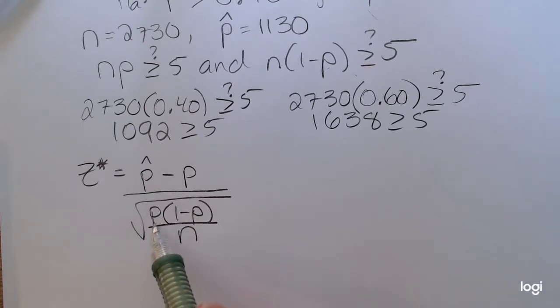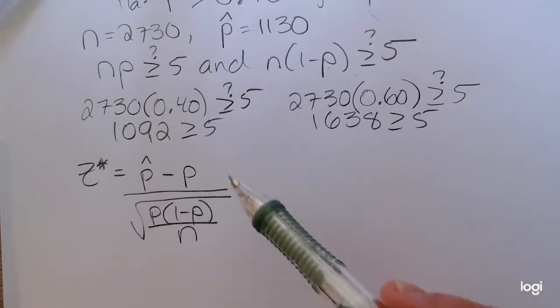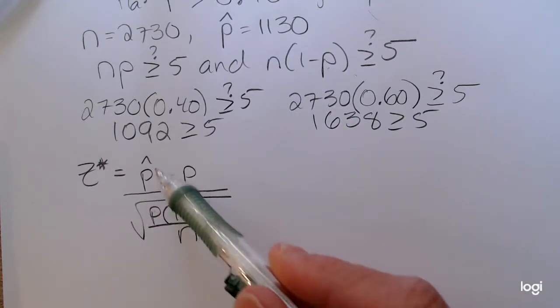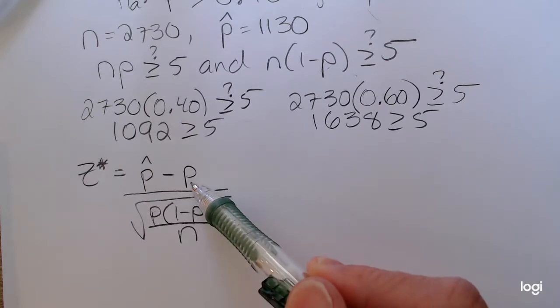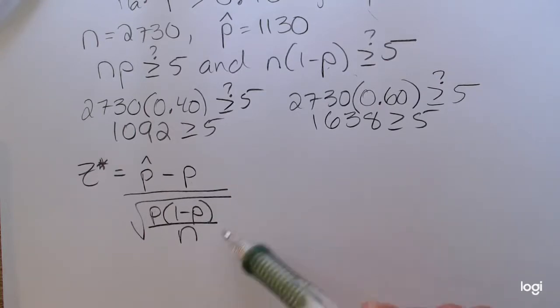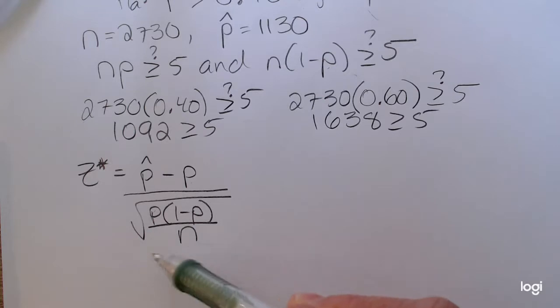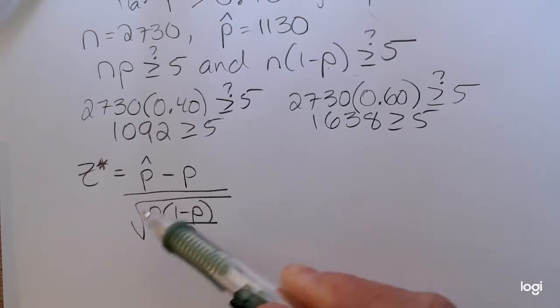Now, we don't use p hat in the denominator because we assume that the case of equality from the null is true. So we're assuming that that proportion is 0.4 until proven otherwise. But the structure is the same. It's what we observed from our sample minus what is hypothesized, and then we need to divide by some sort of standard error specific to the sampling distribution.